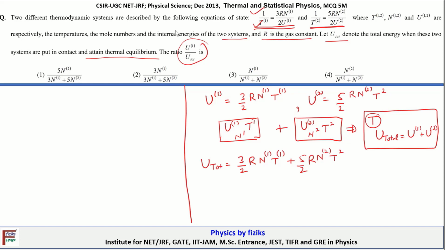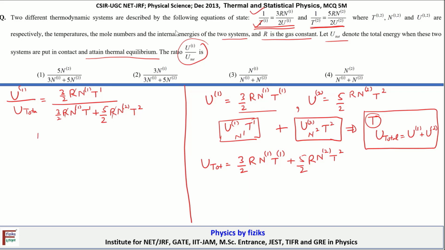So U1 divided by U total is equal to, substituting the value of U1 in the numerator, 3 by 2 R N1 T1 divided by 3 by 2 R N1 T1 plus 5 by 2 R N2 T2.